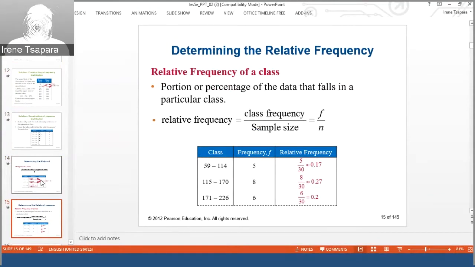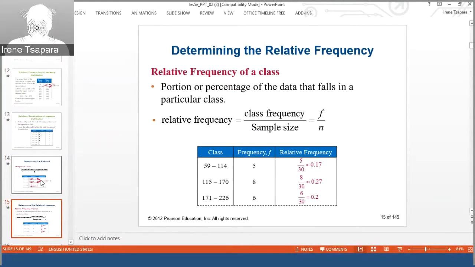Relative frequencies are the frequencies over the total number of data points. So if I have in one class right here, between 59 and 114, 5 GPSs that have prices there, I don't care how many I have, I care about what is the percent of those GPS that are in this specific class out of all the GPS in my sample.